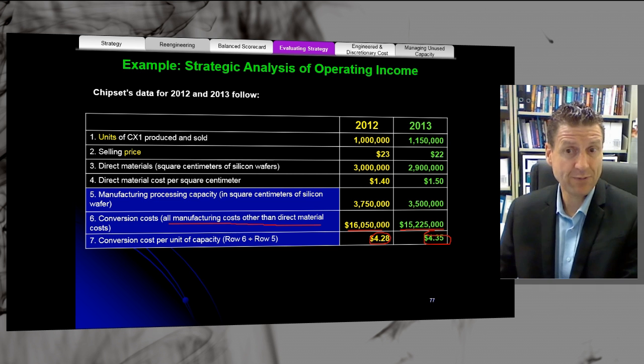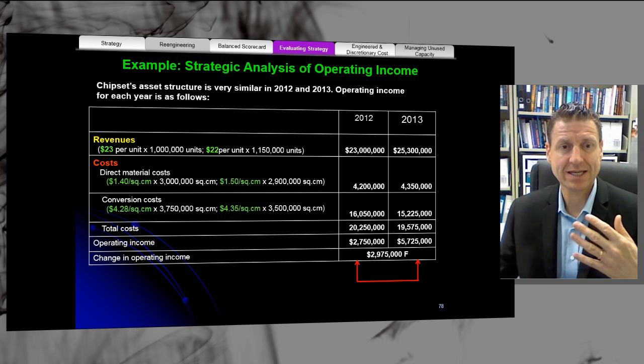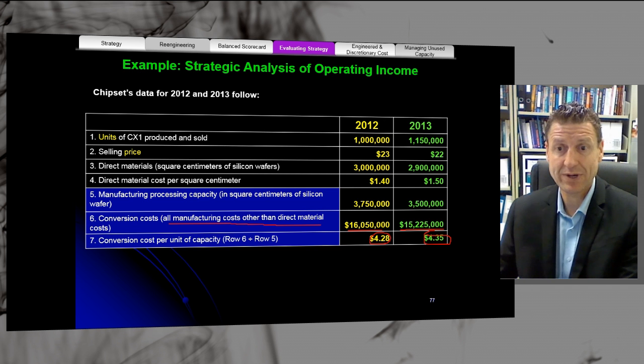So what other information do we have? We have the revenue. So basically this is the aggregate revenues where we've multiplied the 1 million units by $23 for 2012, 1.15 million units by $22 for 2013. So let's be very clear here.